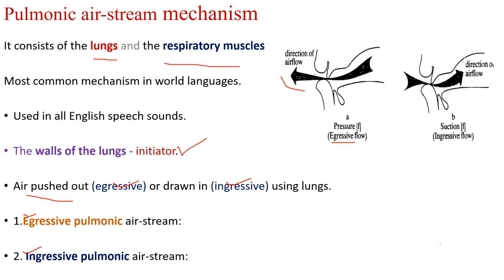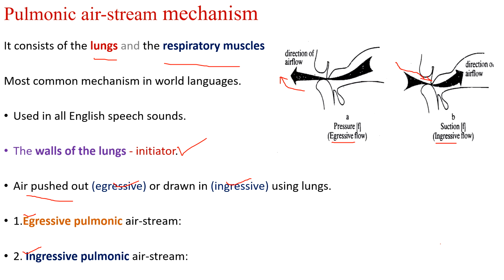Here you see the diagram and the direction of airflow. Here air is coming into the lungs through the mouth and the windpipe, the trachea. It reaches the lungs. So this is ingressive, where air is drawn in.